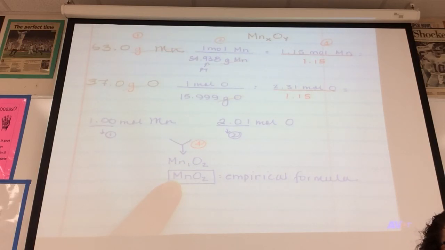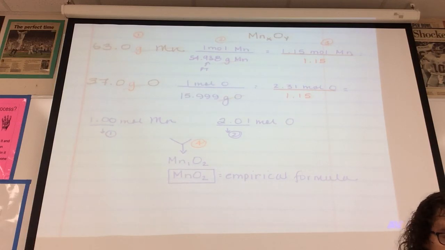Volunteer, volunteer. What's the charge on oxide? 2 minus. 2 times 2 makes manganese 4. So it's manganese 4 oxide. Correct? Alrighty. Let's do the next one.